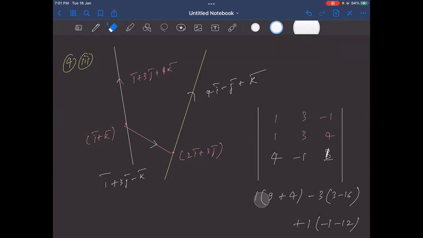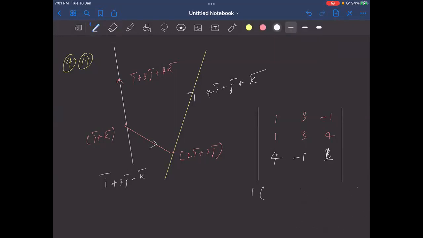By solving this, what exactly are we getting? 1 के साथ कितना आ रहा है? 3 plus 4. And that is minus 3 into 1 minus 16 plus 1 minus 1, and minus 12 minus 13. And this becomes, I think, non-zero. Am I right? Non-zero, right? Which means lines are skew in this. Can I say that? No, it's correct.